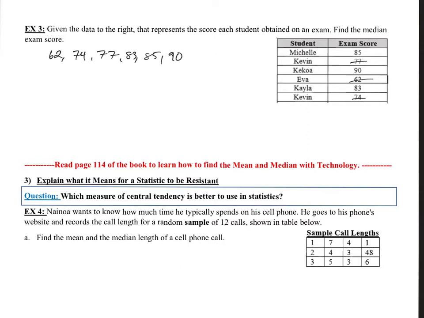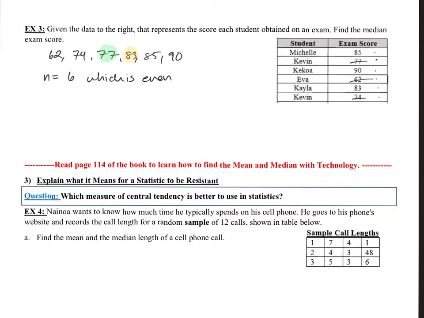Okay, then we have to see how many observations we have. n observations. Let's see. 1, 2, 3, 4, 5, 6. 6, which is even. Okay, so that means we can't just pick the one in the middle. This means we need to have the mean of the two middle values. And the two middle values are 77 and 83. We need to find the mean of these two.